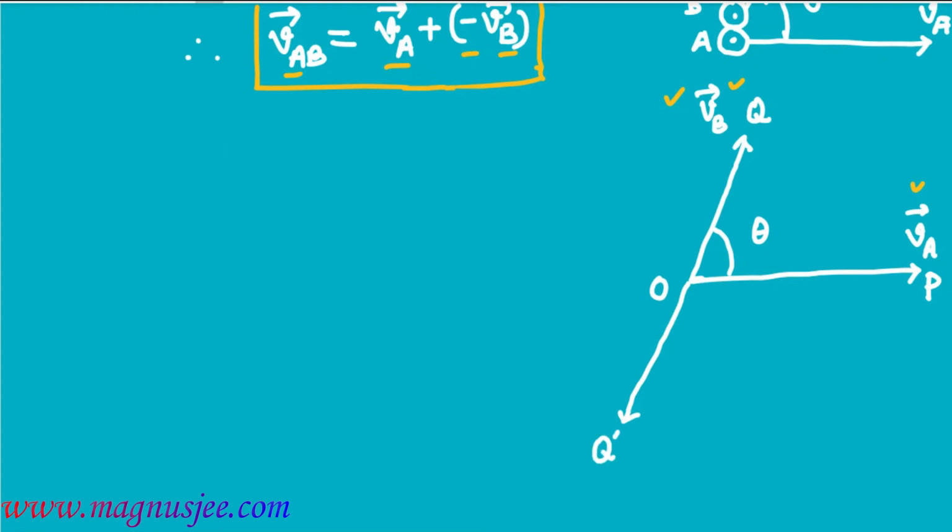This is OQ prime, the opposite direction of motion of the second body, and minus vector VB will be acting along OQ prime.